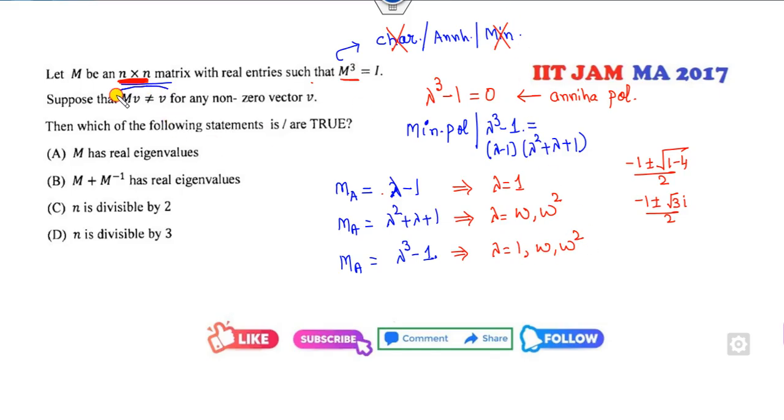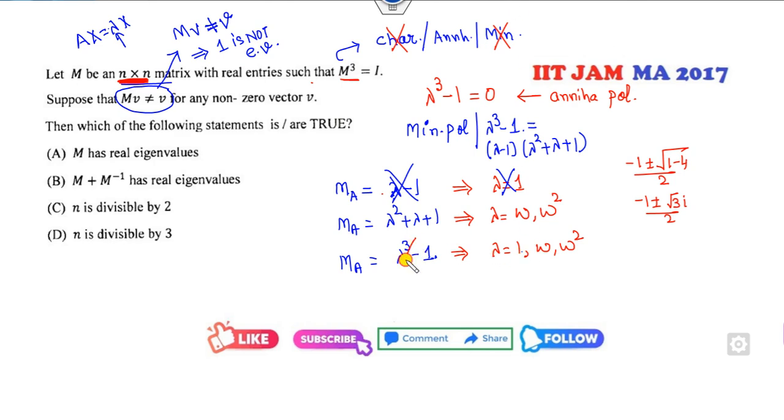Now you can see the second line. What does it mean? Mv is not equal to v. What does it mean? 1 is not the eigenvalue, because we all know Ax is equal to lambda x, then this is my eigenvalue, but he said not equal to, so it means this option is cancelled.